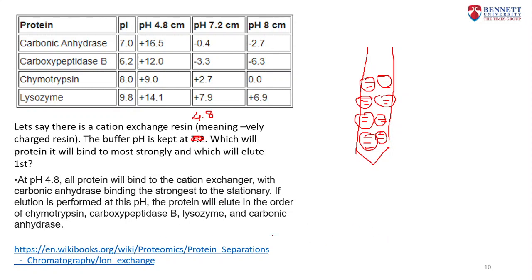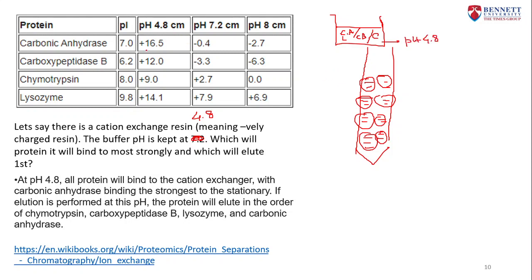So the buffer pH is kept at 4.8, and this mixture of the proteins, carbonic anhydrase (Ca), carboxypeptidase (Cb), chymotrypsin (C), and lysozyme, is being applied. All of them, the buffer pH has been kept at pH 4.8.